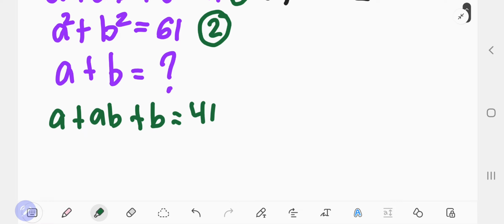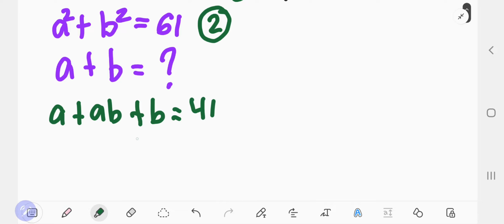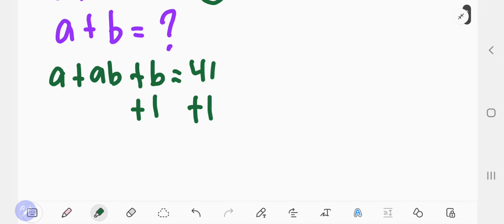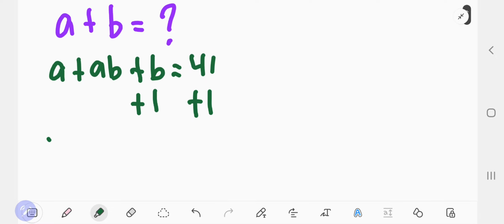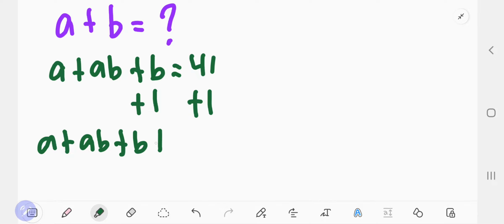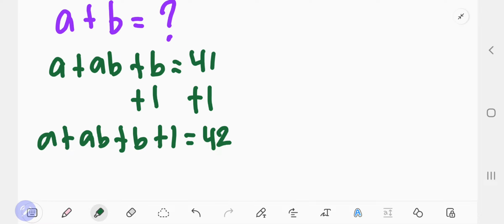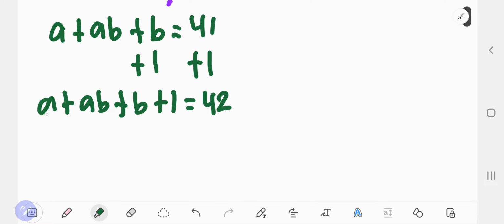And we can manipulate the equation by adding 1 to both sides. So our new equation is a plus ab plus b plus 1 is equal to 42. And let's focus on a plus ab.